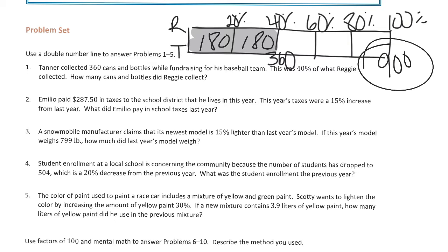Okay. On the next one, number 3. A snowmobile manufacturer claims that its newest model is 15% lighter than last year's model. If this year's model weighs 799 pounds, how much did last year's model weigh? So I draw my rectangle here, and I have last year's and this year's.